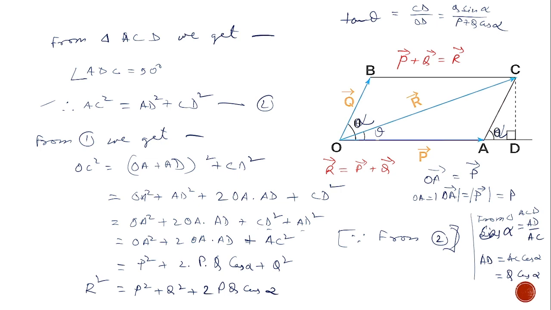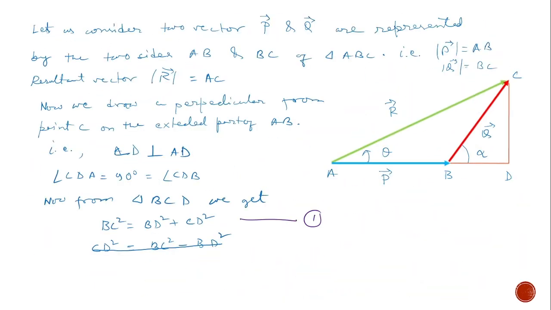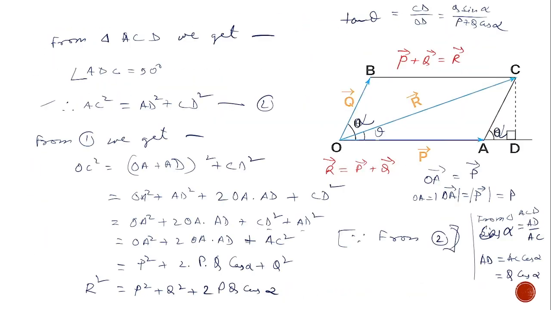As we can see, in vector algebra, R is equal to P plus Q. Okay, so that means we can break vector R into two parts. One is P, one is Q. One is along the direction OA, another is along the direction OB, right? So any vector can be divided into two vectors.